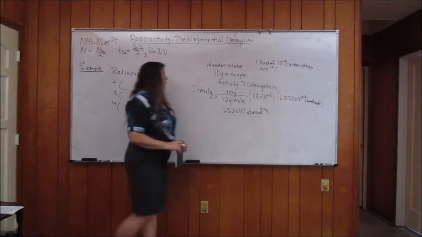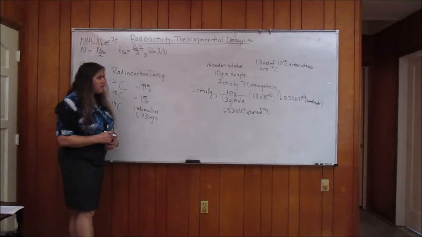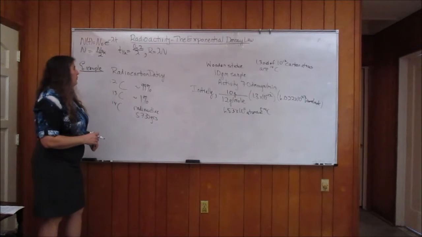So initially there were 6.53 times 10 to the 11th atoms and hence nuclei of carbon-14.